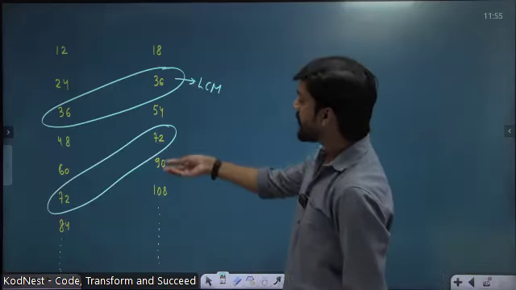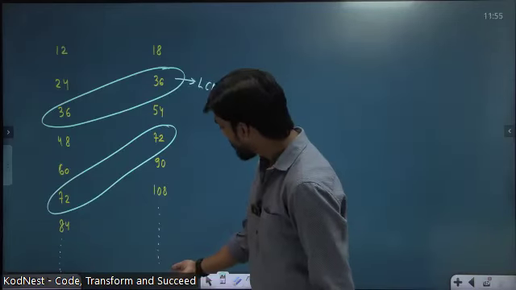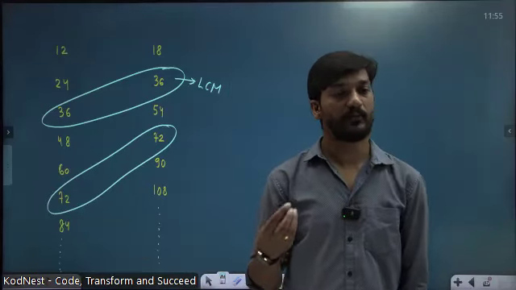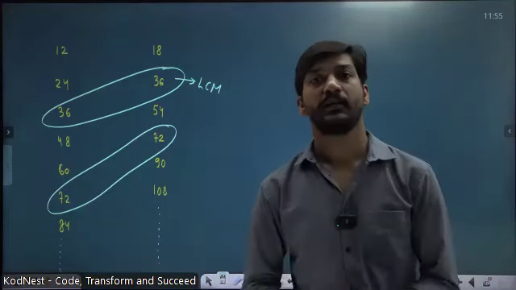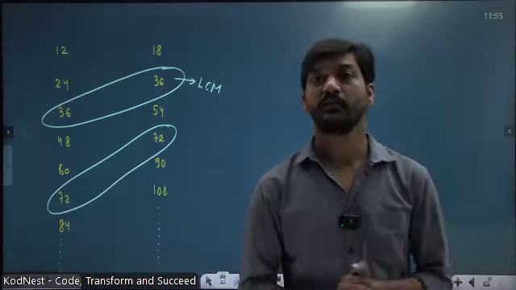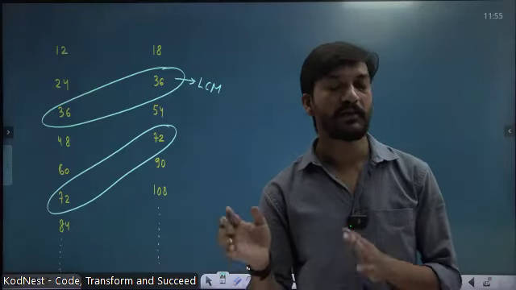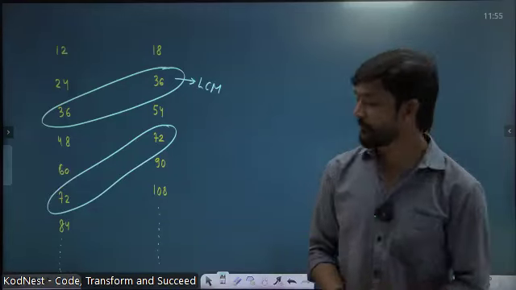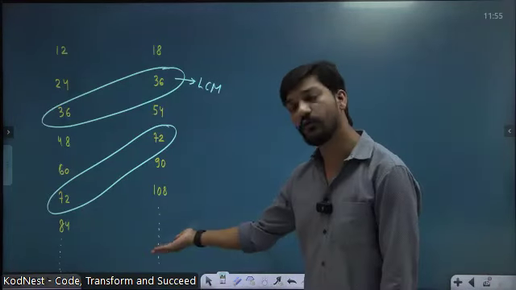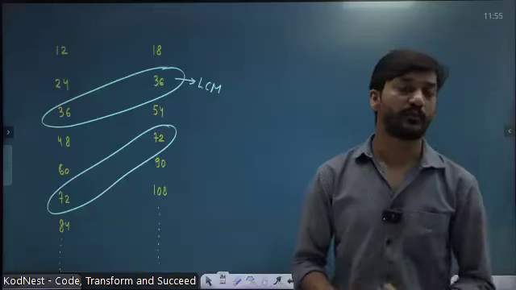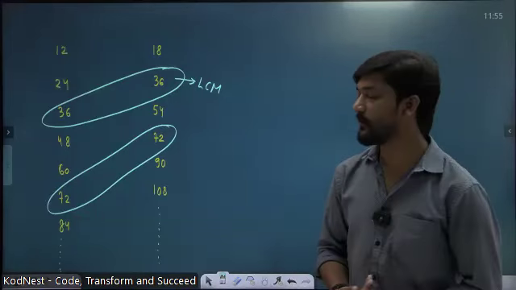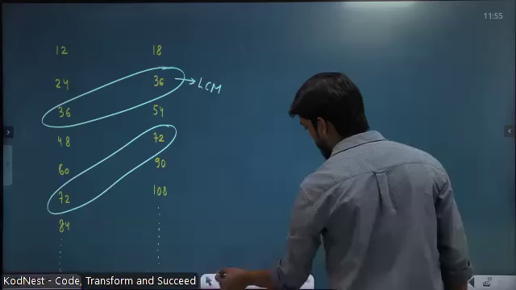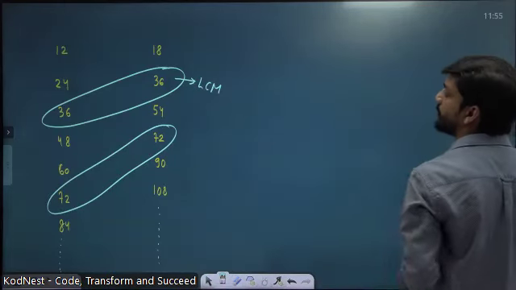Because what is the highest multiple? We don't know which is the last number. So that's why there is no term like that. There is a term which is least common multiple.